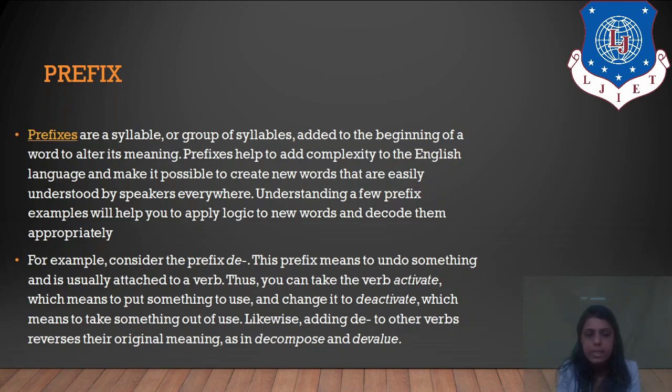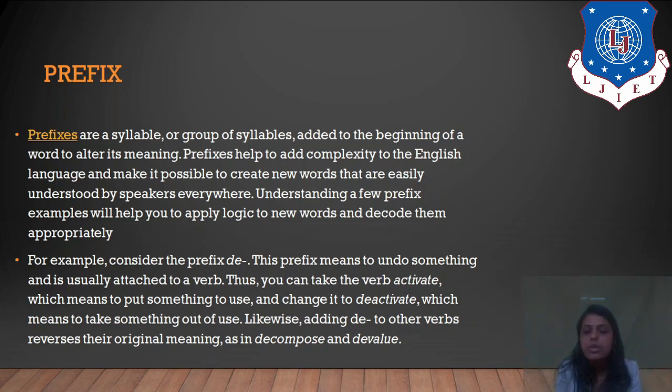Understanding a few prefix examples will help you to apply logic to new words and decode them appropriately. So whenever there is a test of your vocabulary, if you are clear with the meaning of the root word, then you can easily identify the meaning of the new words which are formed from that word, right?